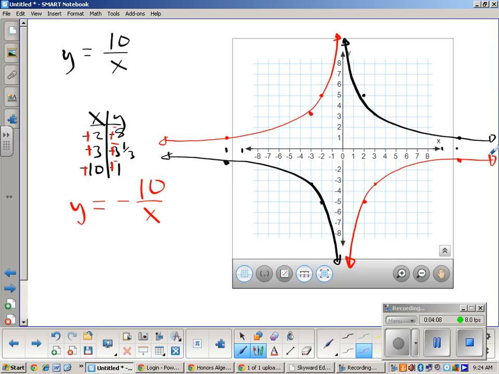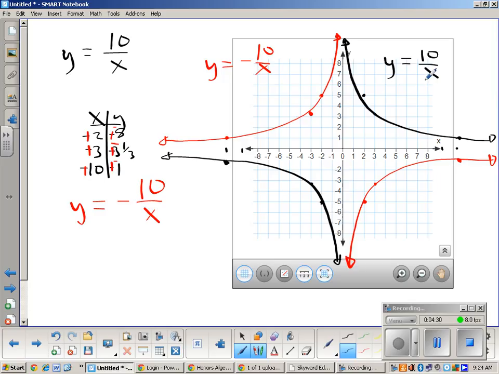Okay? So we have, I put them both on the same one. I changed colors. You probably can't do that too well. So you have to realize or write in your note that these two branches come from this graph. And these two branches come from this graph.